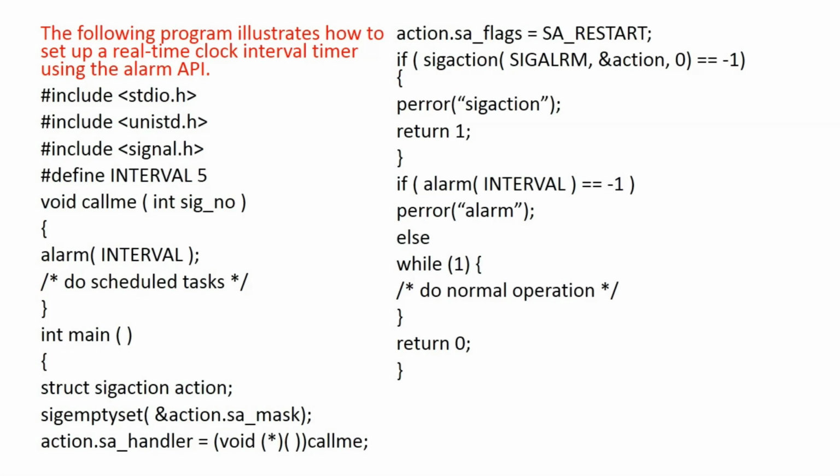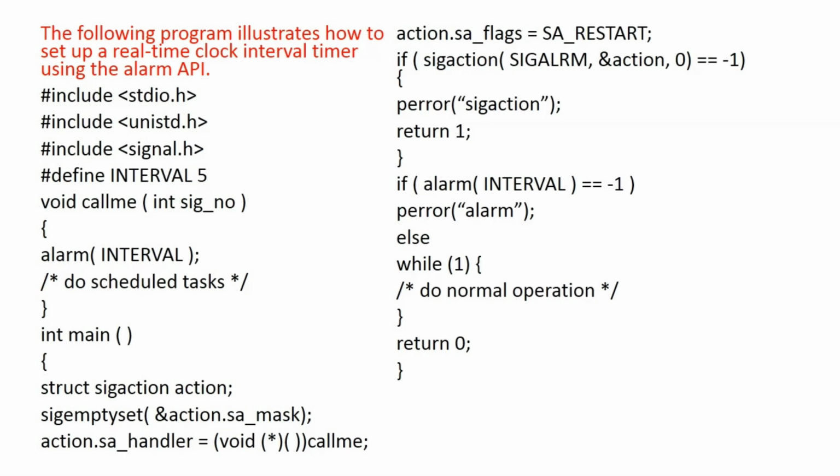After assigning the values to the structure variables, handler and flag, you call the sigaction API. It has the first argument SIGALRM and &action, which has callme and the restart value assigned to the structure variables, and the third argument is 0.